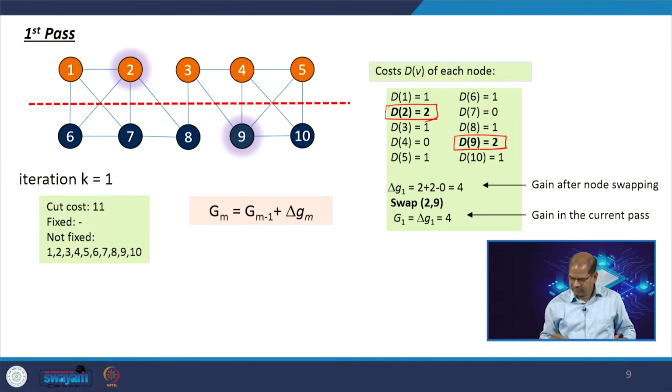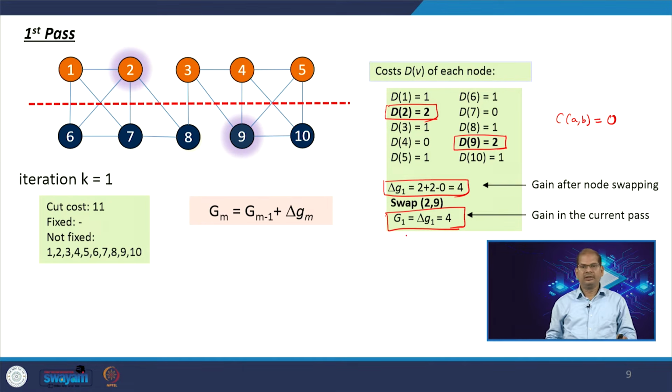Because there is no edge between 2 and 9, C of A comma B is 0. So delta G of 1 is 2 plus 2 minus 0, which is 4. Now 2 and 9 can be swapped. My gain G of 1 is delta G 1, because it is the first iteration, so it is 4.